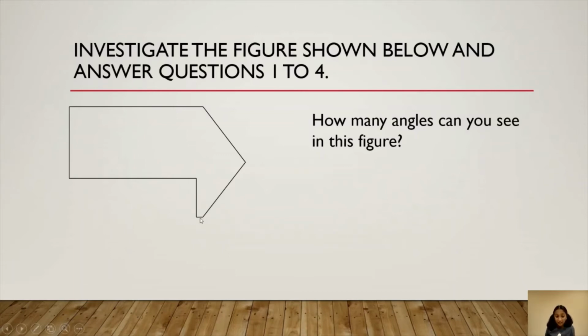So now we have an angle right here. See? So now I think we have 7 angles. Let's count again just to make sure. I think I lost track. So we have 1, 2, 3, 4, 5, 6, and 7. Okay, we do have 7 angles.